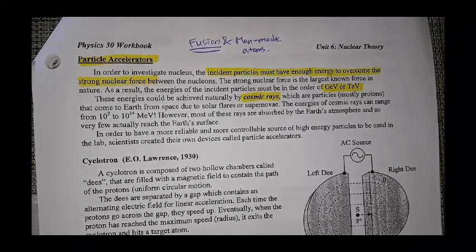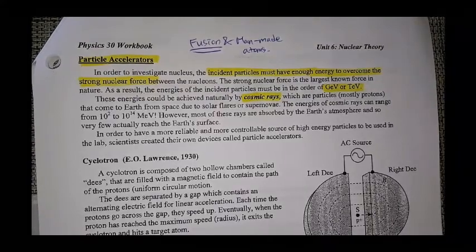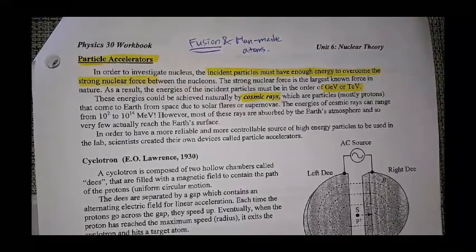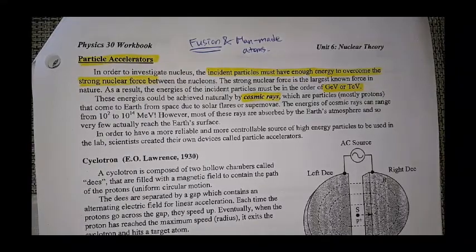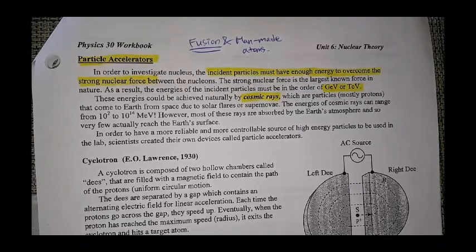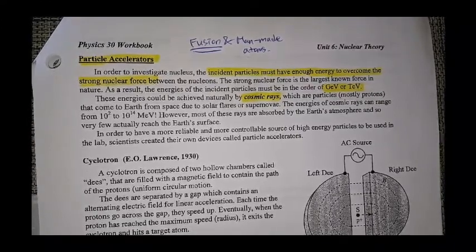So it is protecting us. Now, the energy of cosmic rays can range from 10 to the power of 2 to 10 to the power of 4 mega electron volts. However, most of this radiation is blocked from us by the atmosphere.